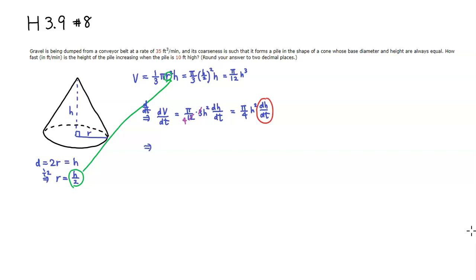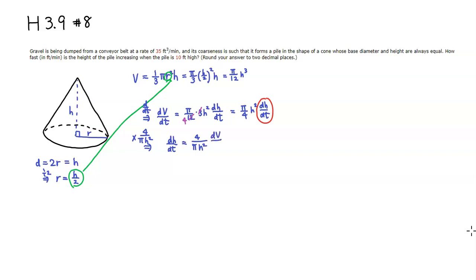I'm going to multiply by the reciprocal of this, 4 over pi h squared. So you have dh over dt is equal to 4 over pi h squared times dv over dt.